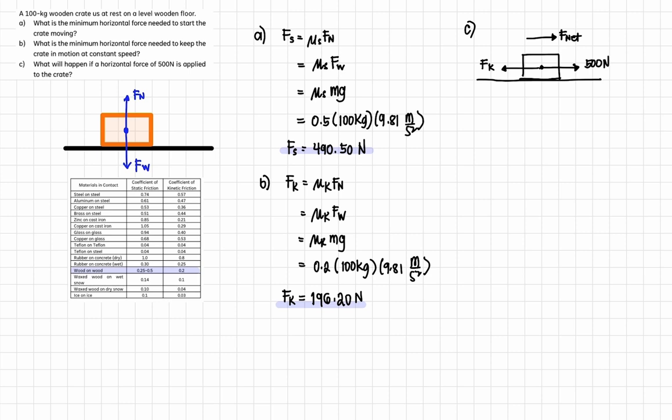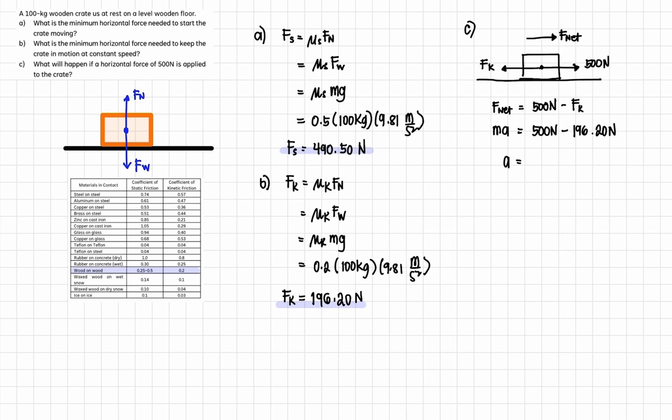So F net equals the applied force of 500 newtons minus our Fk. But then this F net is ma, so that's 500 newtons, our Fk is 196.20 newtons.